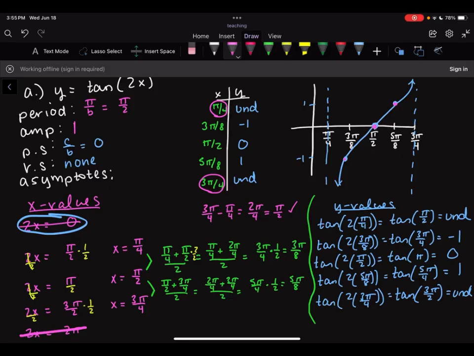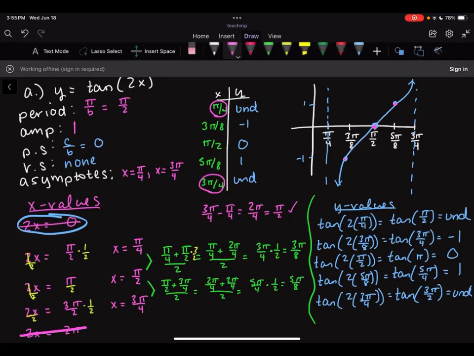And then lastly, my asymptotes. I have asymptotes at x equals pi over 4 and x equals 3 pi over 4.